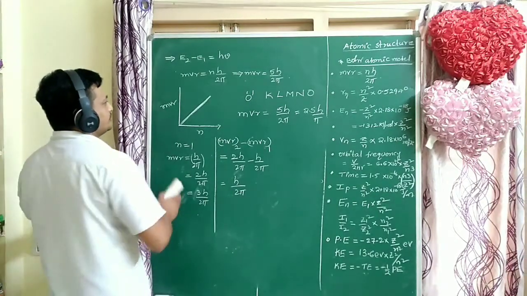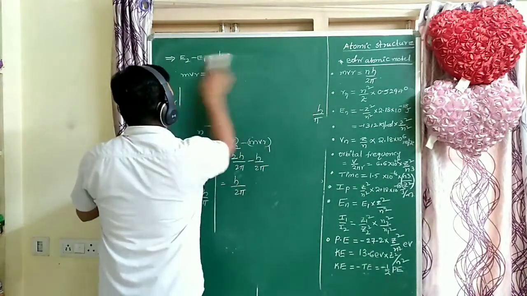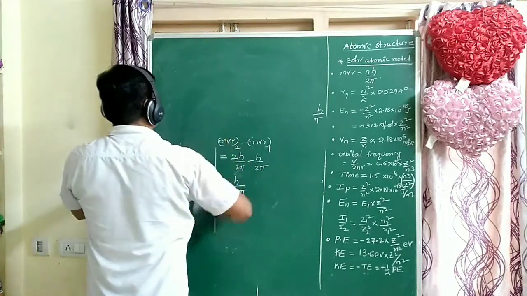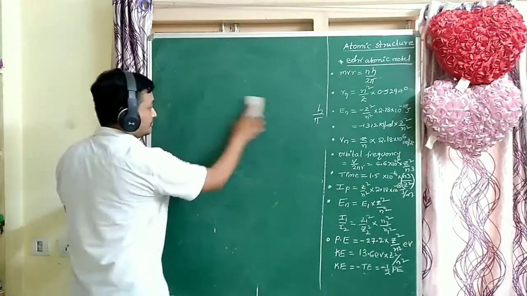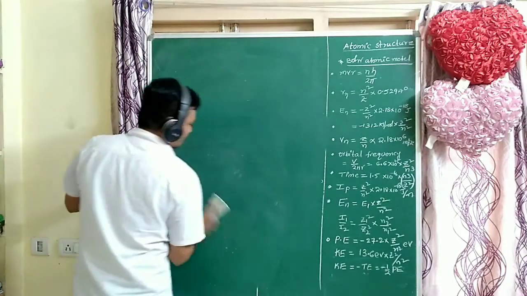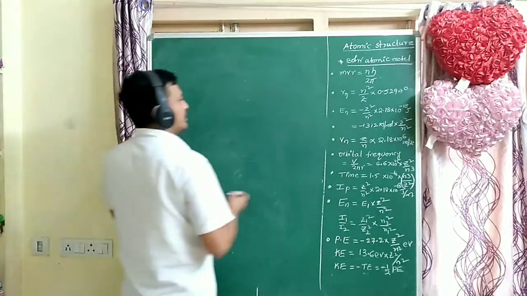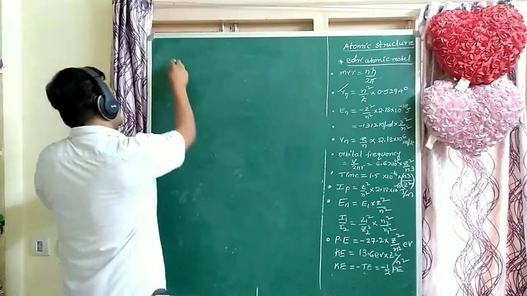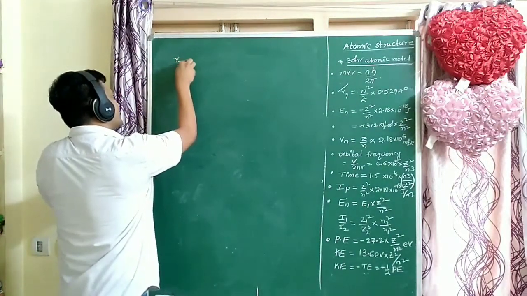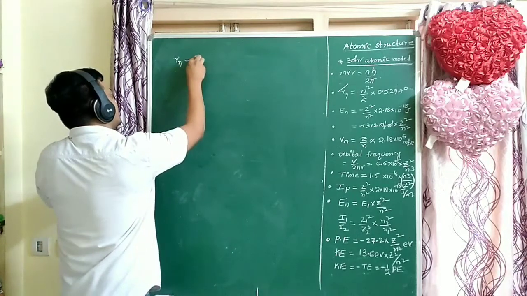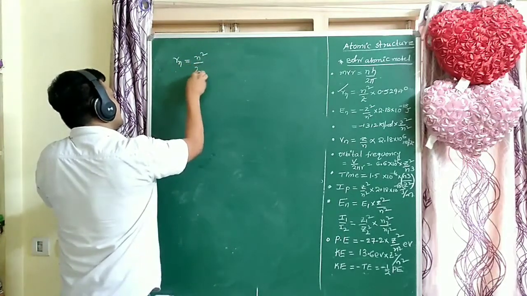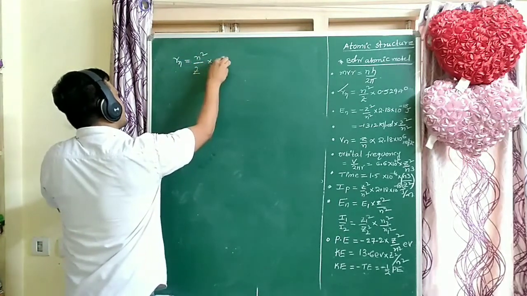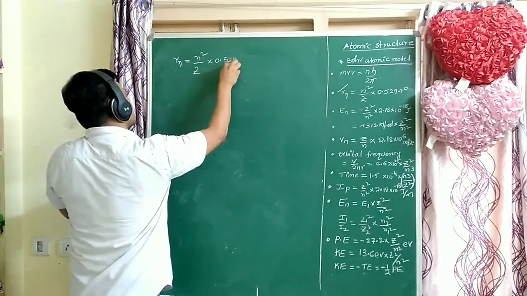Next, another important formula: the radius of the nth orbit equals n square by Z into 0.529 angstroms.